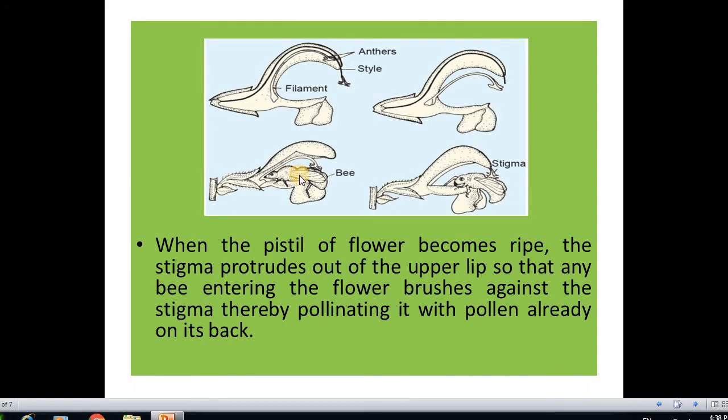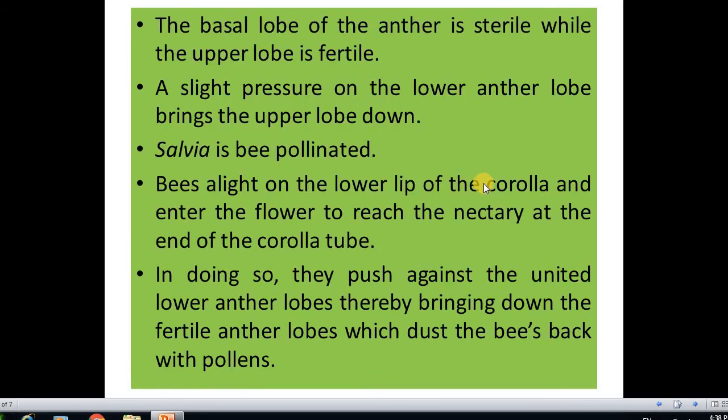When this bee visits another flower and enters it, the stigma of the carpel will be very close to the back of the bee, and so the pollen grains will stick to the stigma. So the pollination process occurs in this manner.